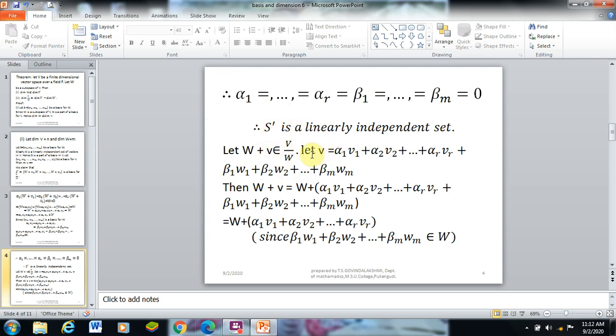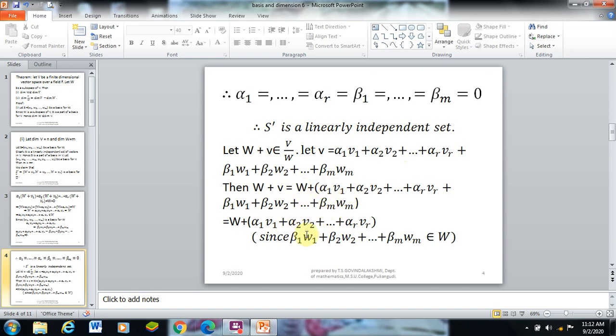Therefore let v equal this linear combination of the form alpha 1 v1 to alpha r vr plus beta 1 w1 to beta m wm. Then W plus v equals W plus that v, substituting for v.